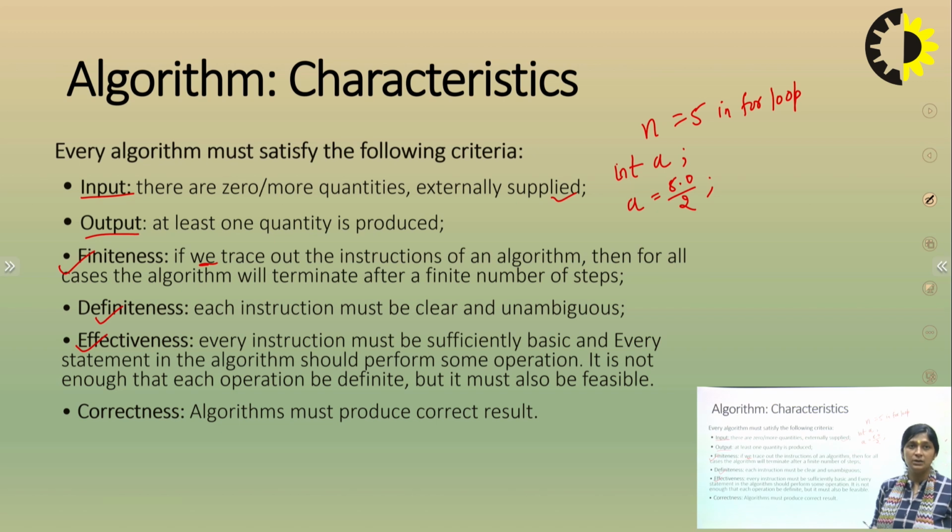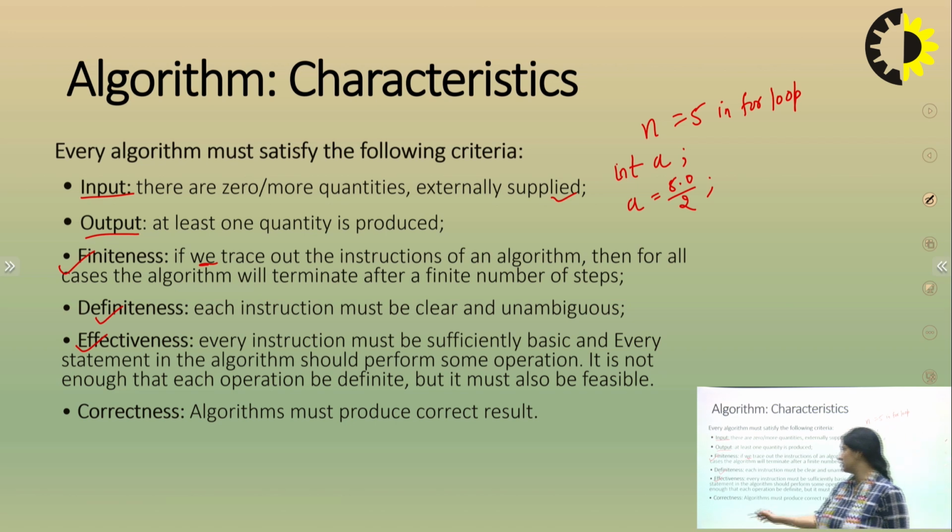Means the problem we are going to solve and the solution we are taking, that solution must be feasible, must be effective, right? Suppose the solution is taking more and more time and more memory, then this is not feasible. This is not workable in real life implementation. You cannot implement it. So it must be feasible.